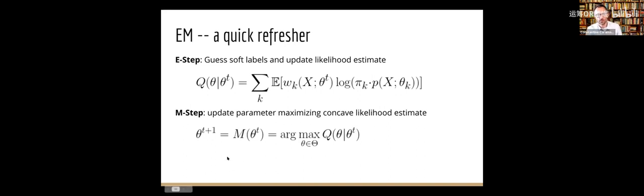For those of you that don't think about EM a lot, the key point to remember is that this M step essentially requires the solution of a convex optimization problem, because our distributions are log-concave by assumption. So we could think of more general mixtures, but this is where that comes in for us.